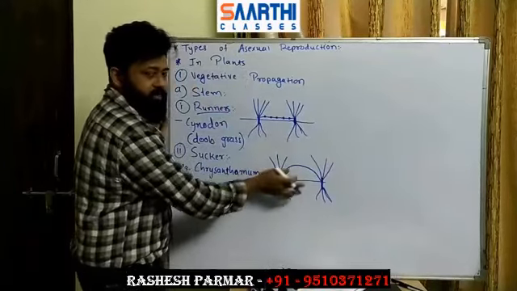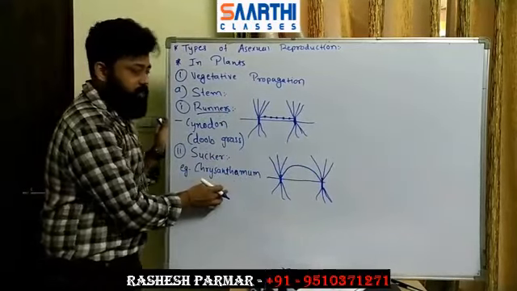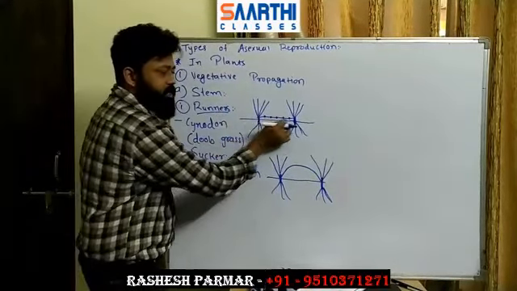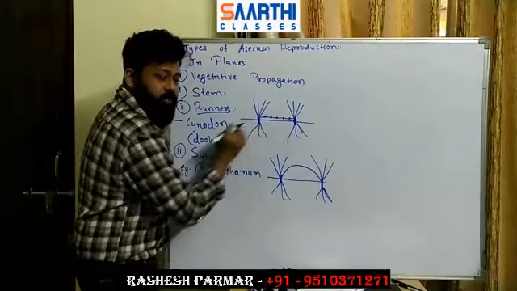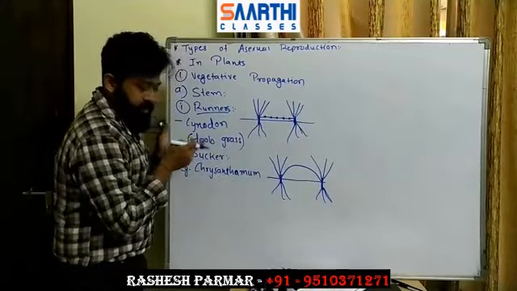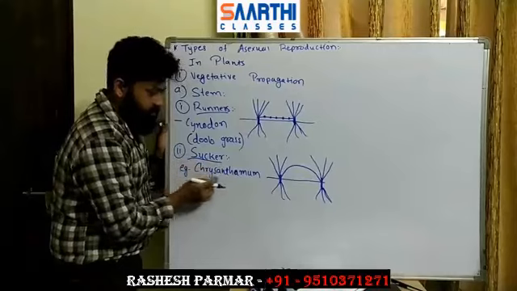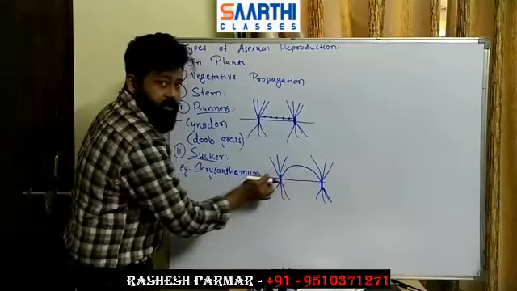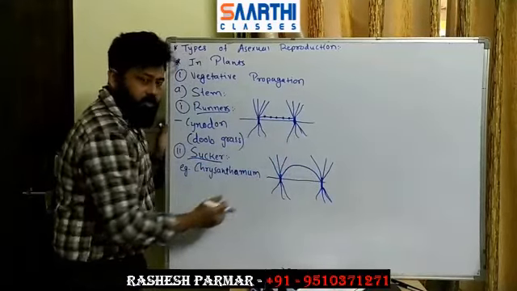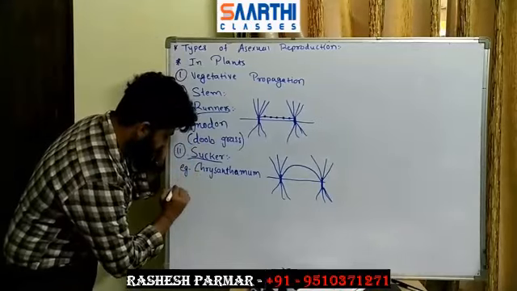This is the basic difference between runners and suckers. In runners, the branch will be horizontal to the soil surface, and in suckers, the branch will create an arc over the surface.